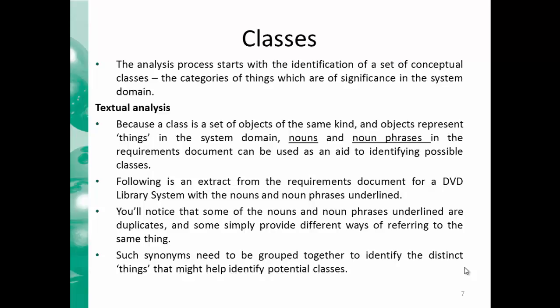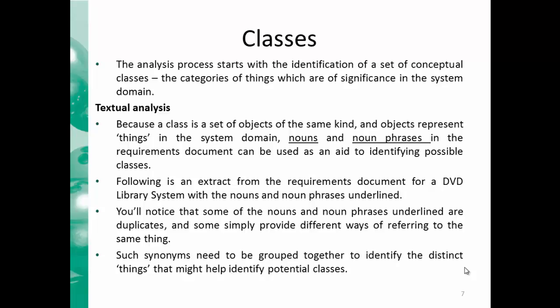If you take an example of a system domain, what we need to do to be able to identify classes is to look for nouns and noun phrases and take them as candidates to be classes in our system.